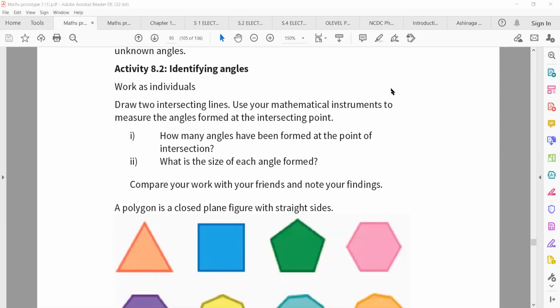I think the angles will be 6. There will be 6 angles. Is that true? Can we hear from Esther? Let's get many views. Maybe we can reach a conclusion.